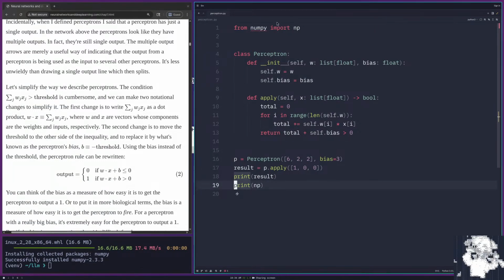It's being underlined. That's because I'm not using the Python from inside this virtual environment.